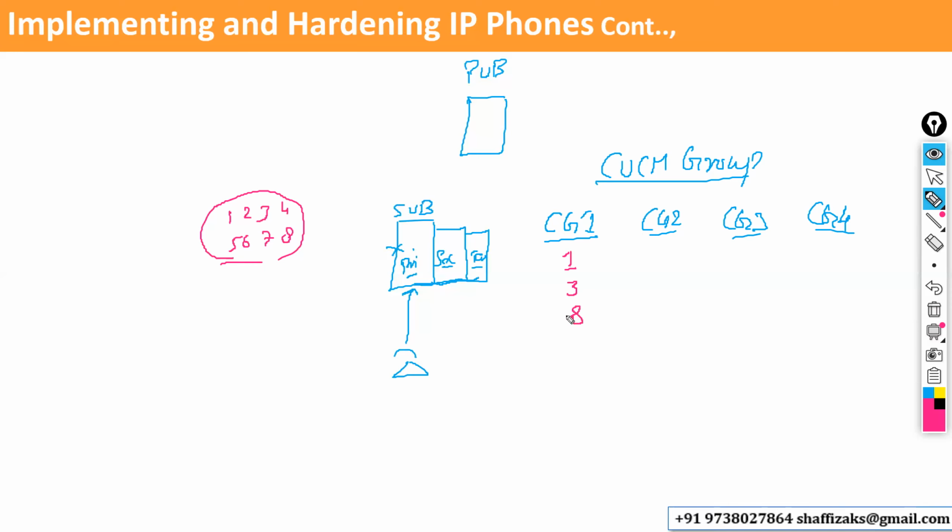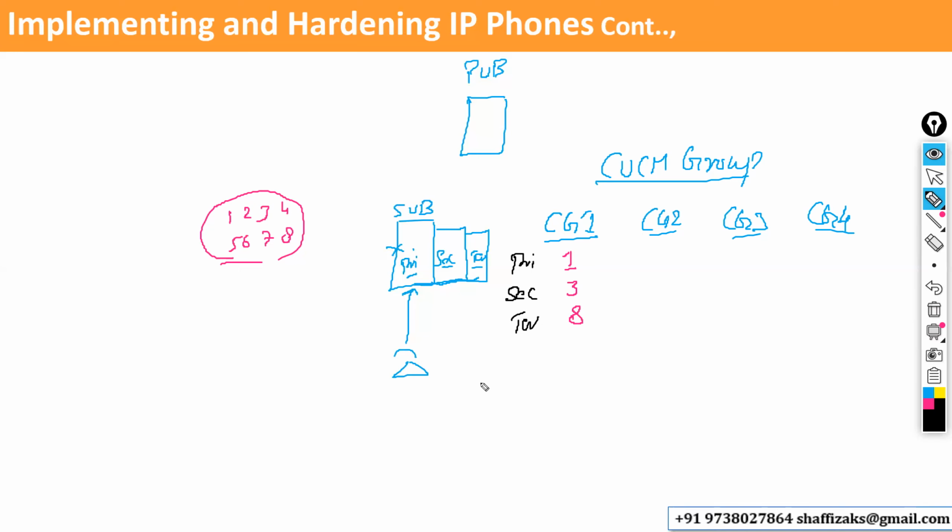You can take only one or two also, but the maximum is 3. The one on the top of the list is my primary server, the second is my secondary server, and the one at the bottom, 8, is my tertiary server.